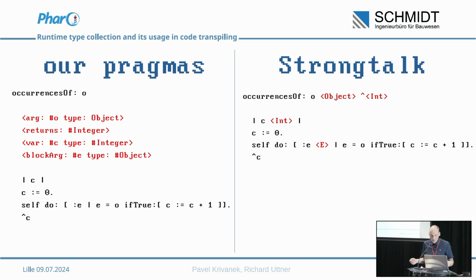So you define what the types of the arguments are, you specify what the name is and what the type of the argument is. Then you specify a return type, you can specify each variable, block arguments, and so on. So we use pragmas for this.